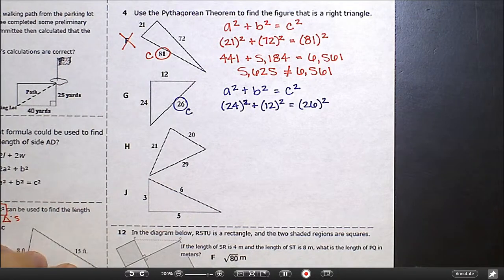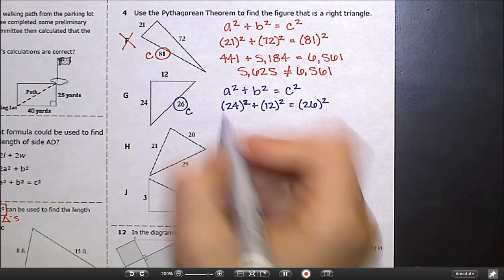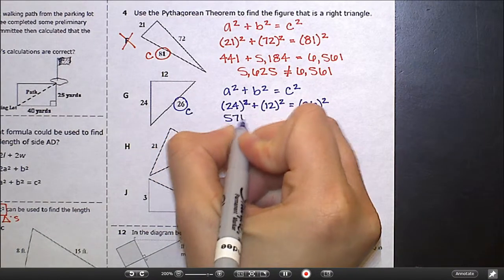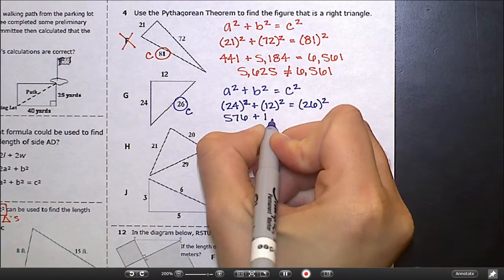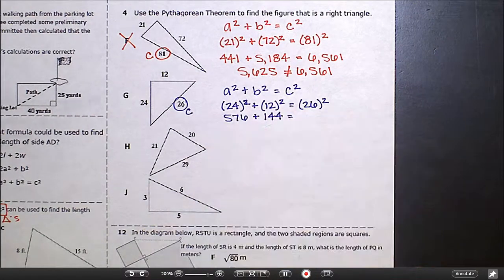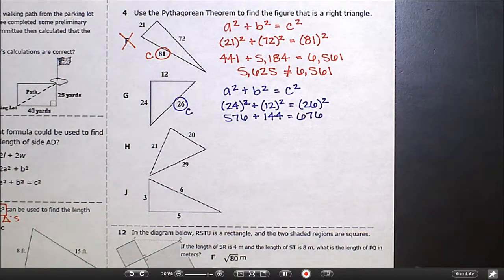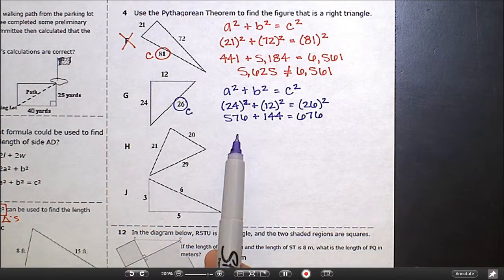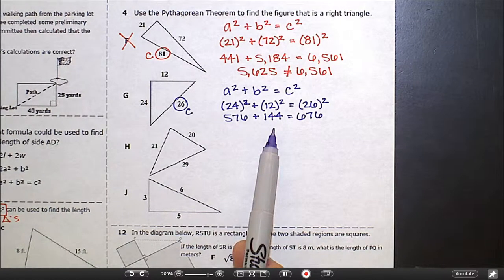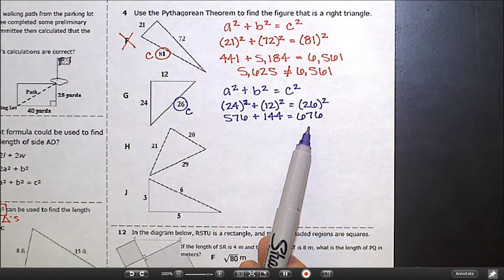So go ahead and plug these into your calculator as I do it on my paper, just to get the practice and see what the process is. So 24 squared is 576, 12 squared is 144, 26 squared is 676.